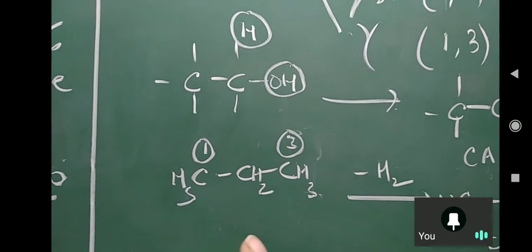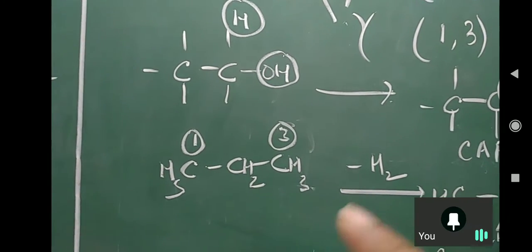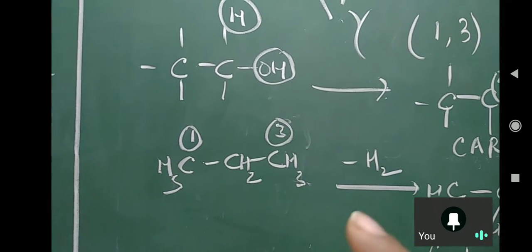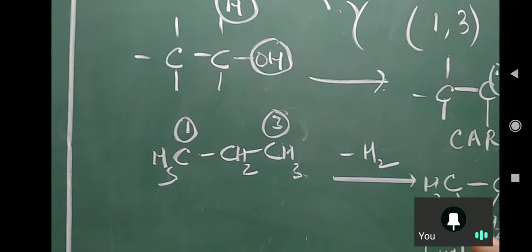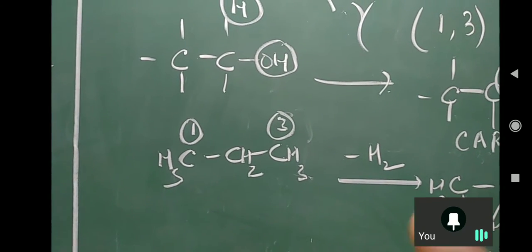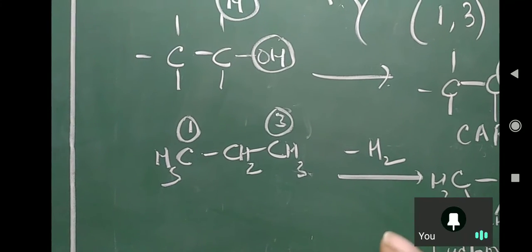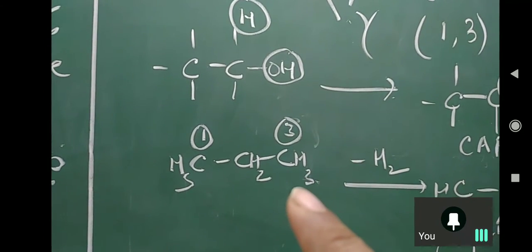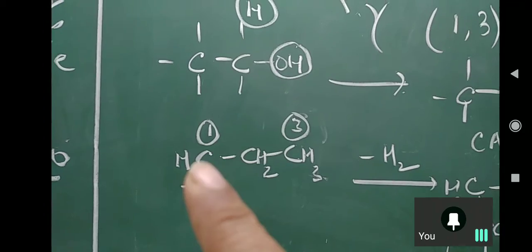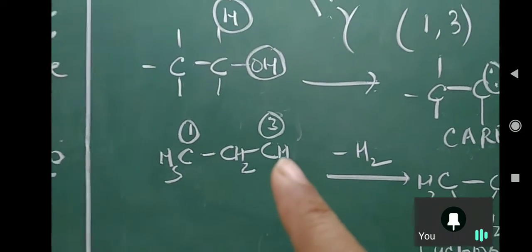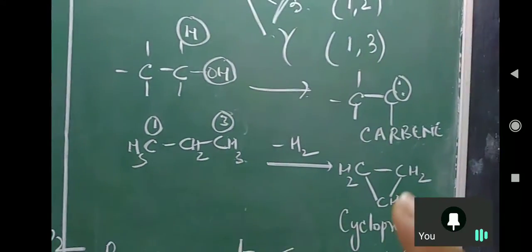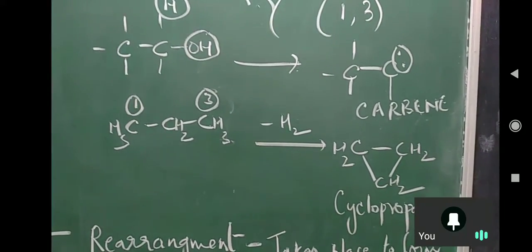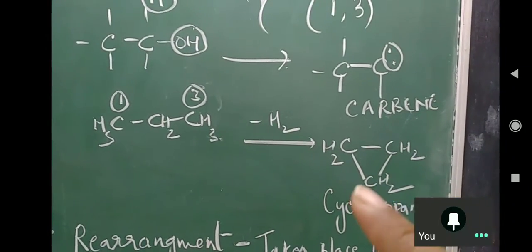isn't it? So what will be lost? Hydrogen will be lost. The reaction will be known as dehydrogenation. And this is gamma elimination. First and the third carbon atom will lose hydrogen and we will get cyclopropane. This structure will be formed.